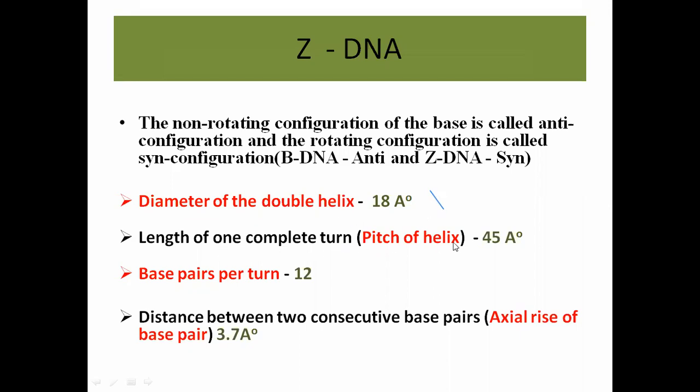Then the length of one complete turn: for BDNA it was 34 angstrom, and for ZDNA it is 45 angstrom. Base pairs per turn in BDNA is 10.5, and for ZDNA it is 12 base pairs per turn. The distance between two consecutive base pairs in BDNA is 3.4 angstrom, and for ZDNA it is 3.7 angstrom.